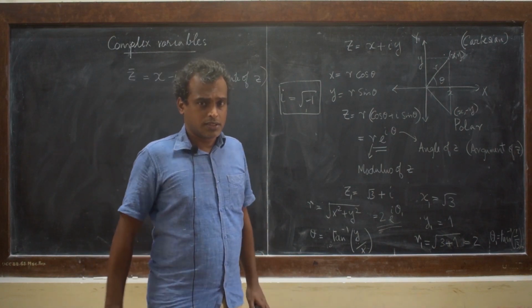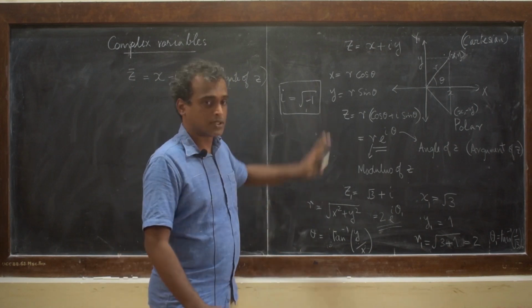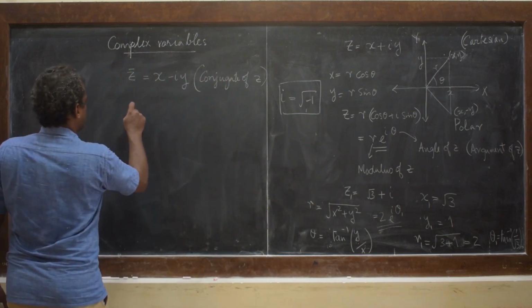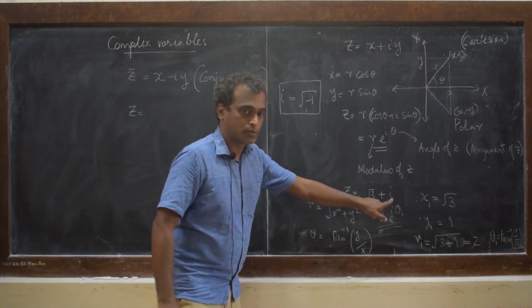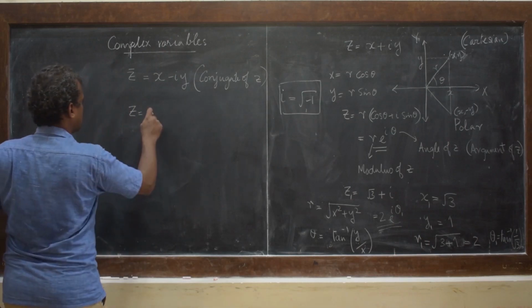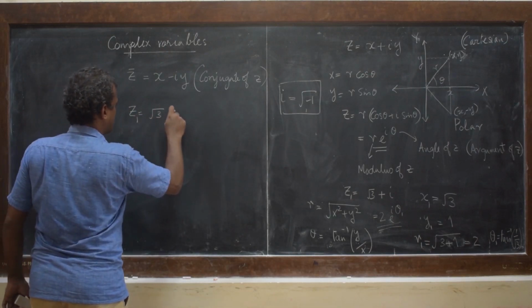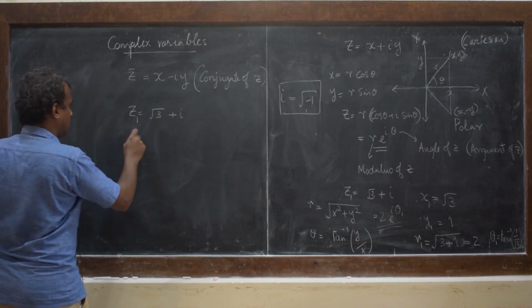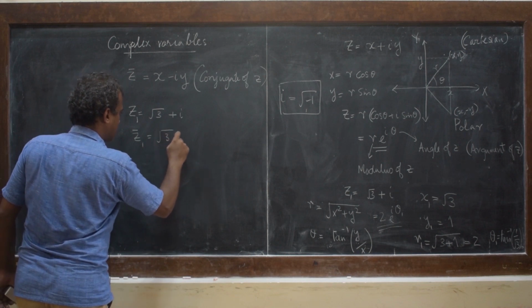Let us choose some concrete example of z and z bar to do this. Let us choose the example that we have chosen, square root 3 plus i, to be z, or let's call it z1, and then z1 bar should naturally be square root 3 minus i.